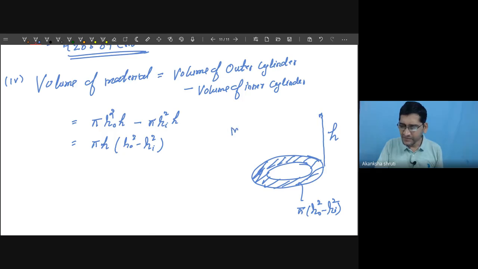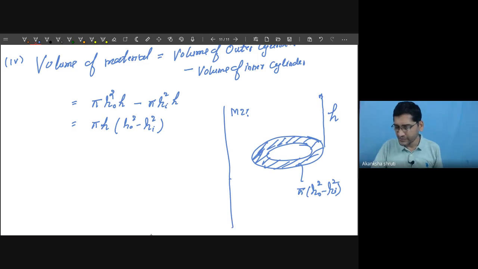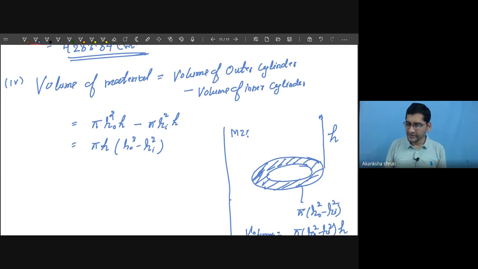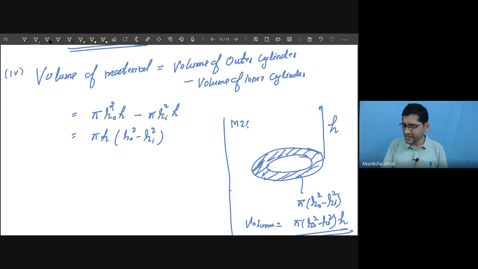So method 2, I have explained the alternate method. Volume is obtained by pi r out square minus ri square multiplied by height h. We will get the same. Whether you take the difference of the entire volume of outer and inner, or you calculate the band area and multiply it by h, you will get the same formula.